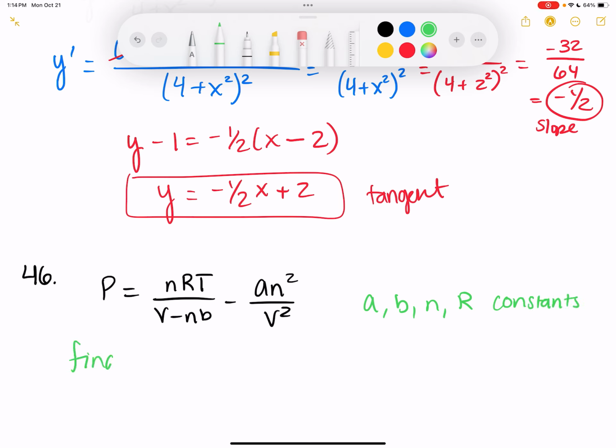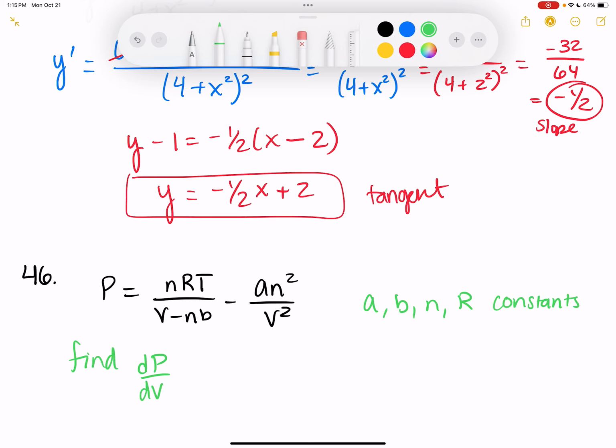Find dP dV, so the derivative of P with respect to V. I think I like dP dV.